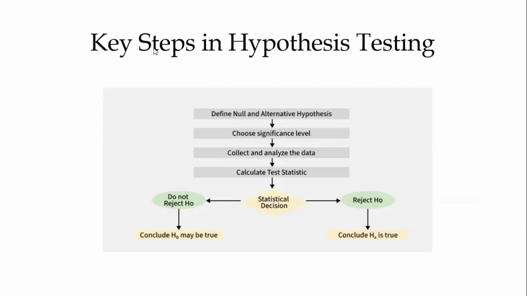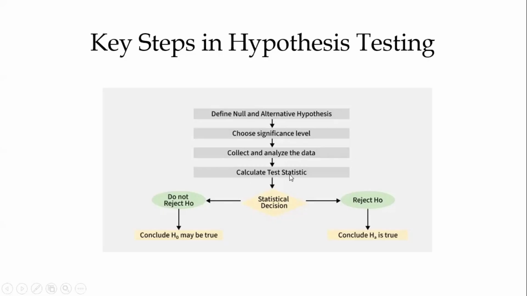So this is what is conventionally described as the key steps in hypothesis testing. You start with your research question, you define your hypothesis. You have to state the null, which is very important and central in this process, and also the alternate hypothesis. From there, you choose a significance level, which we will discuss. You go ahead and collect and analyze the data.